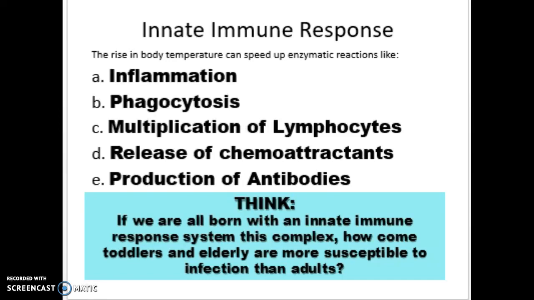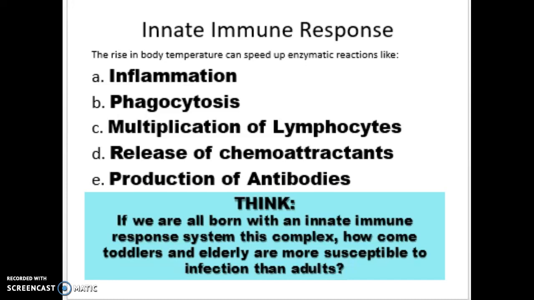The fever portion of the innate immune response can speed up enzymatic reactions like inflammation, phagocytosis, the multiplication of your lymphocytes to make more immune cells, the release of chemoattractants if there's tissue damage, and the production of antibodies.